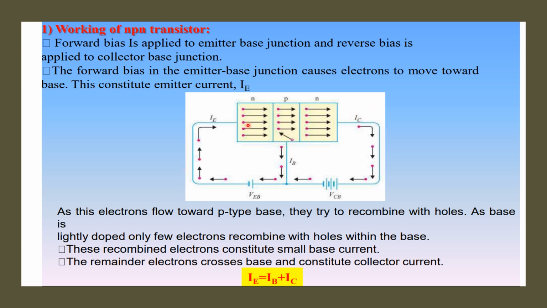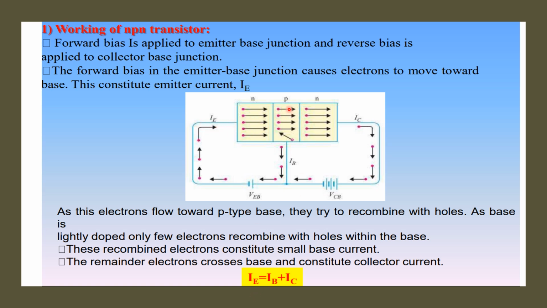So electrons move from N to P, from this side. See here, negative charge repelled towards the positive charge. IE is equal to the amount of electrons emitted from the emitter.